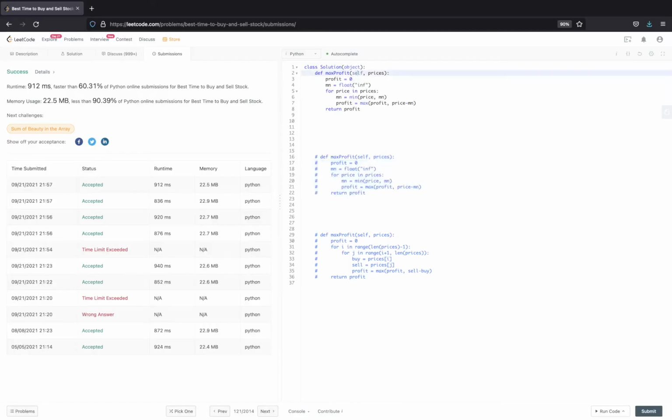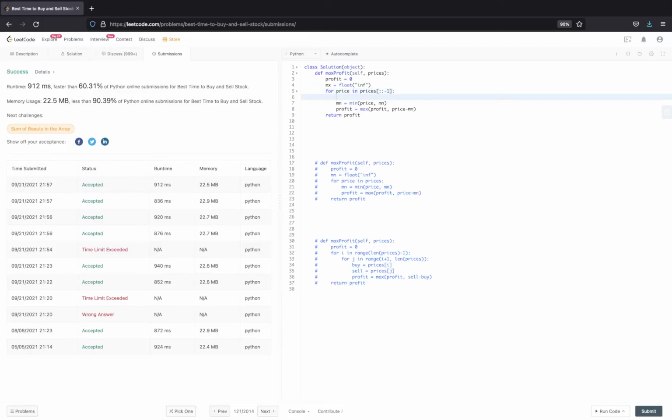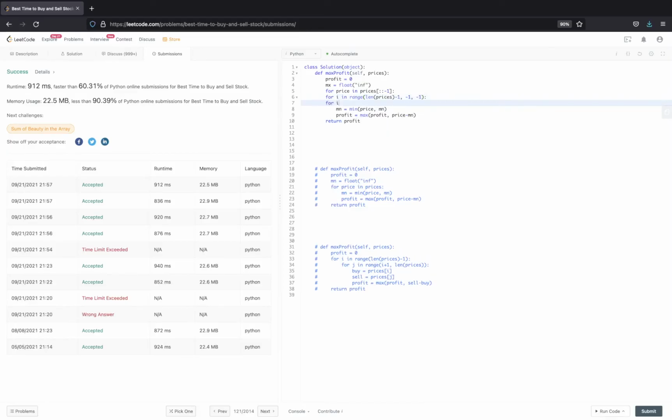Let's write another version where my profit is 0 and my maximum element is this, and I need to go right to left. You can go with indexes as well, but the code doesn't look clean. For example, for i in range of length of prices minus 1, or reversed of something like this.